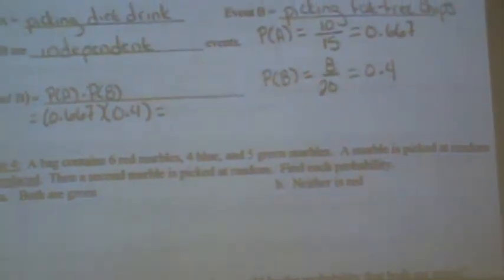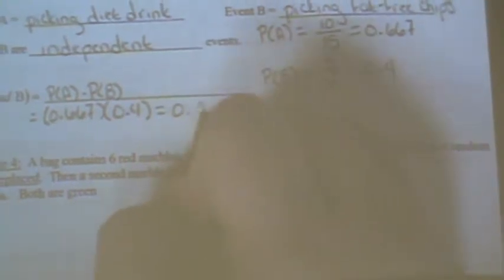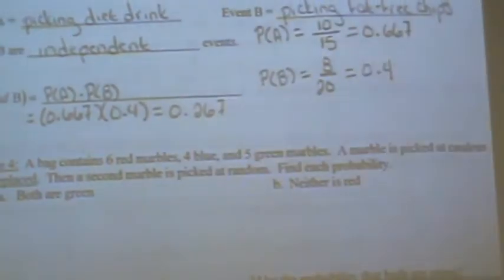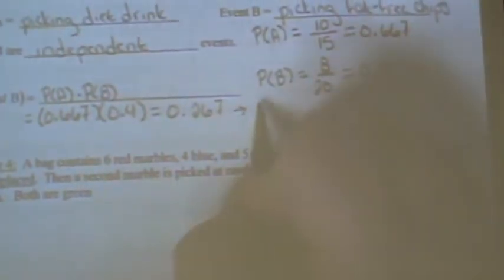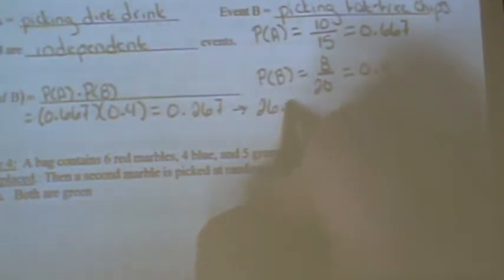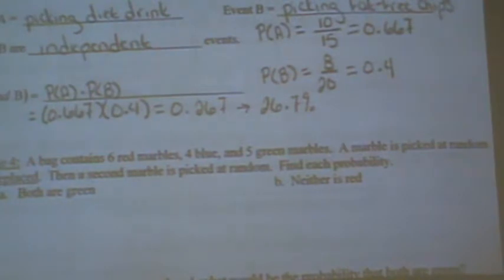When we multiply that out, we get 0.267. And then we can translate that into a percentage, which is 26.7%. So there's a 26.7% chance that you'll pick a diet drink and you'll pick fat-free chips.